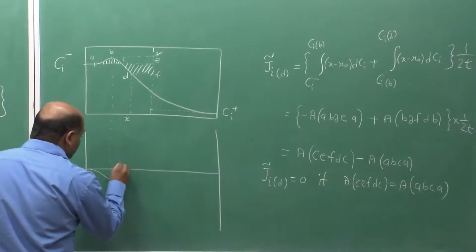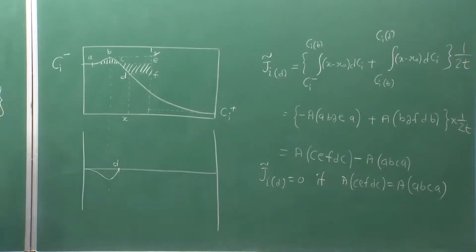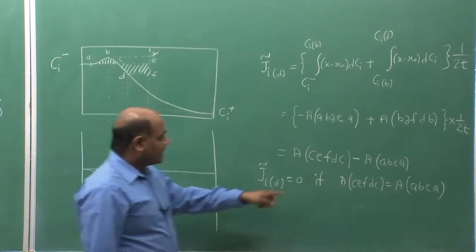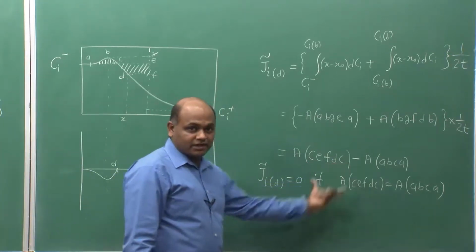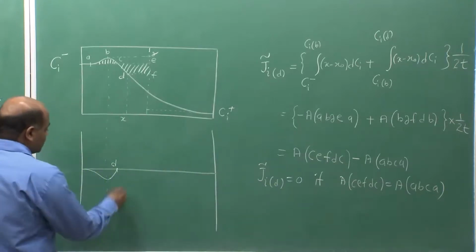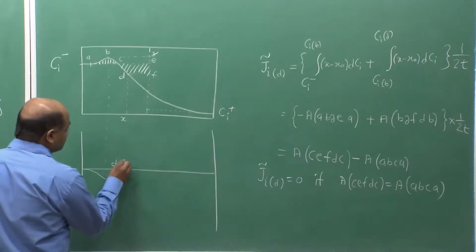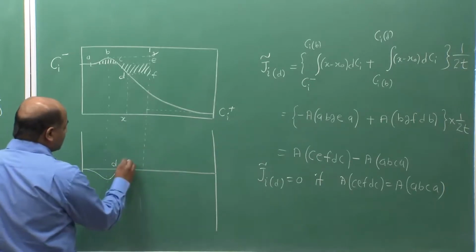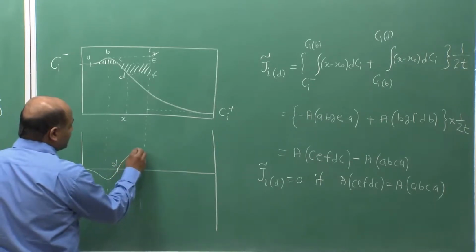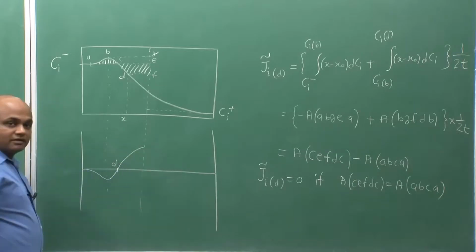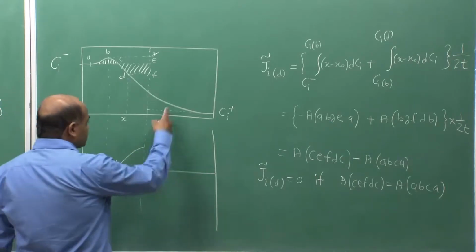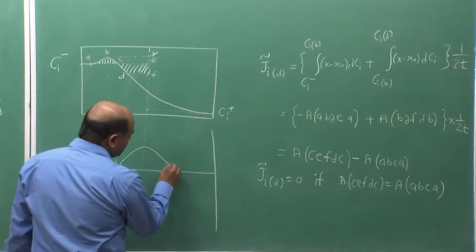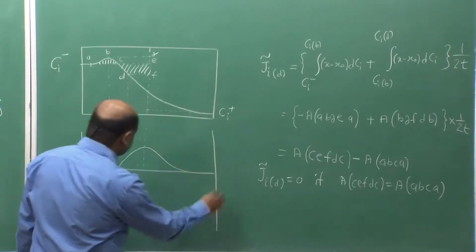This is point D here. Beyond this, the magnitude of the positive area would increase, and so the flux will become positive, and it will keep increasing in the positive direction until the metanoplane position, and beyond the metanoplane position again the flux will start decreasing until it becomes 0 in the terminals.